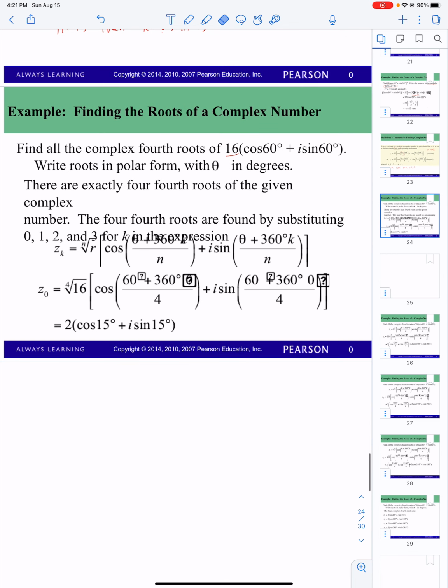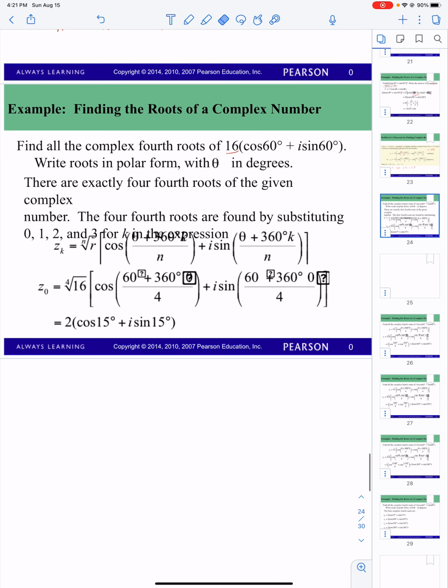Okay, so insert a blank page. Let's write it down. So what do we have? We have j equal to what? 16 cosine of 60 degrees plus i sine of 60 degrees.